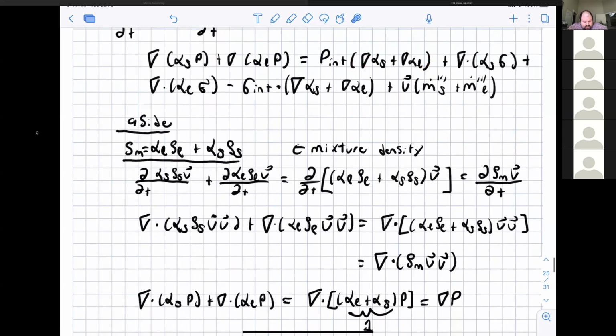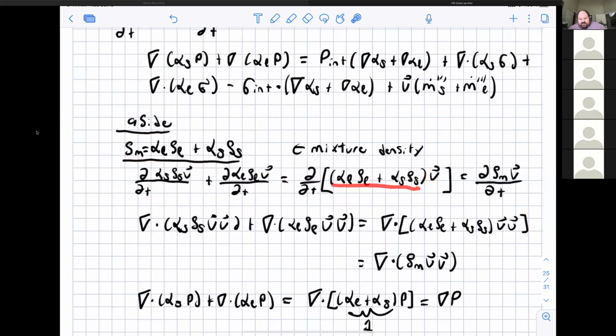Okay, so now using our definition of the mixture density, we can look at these time derivative terms and combine them, because again, there's the same velocity multiplying them. So I can say this is the time derivative of alpha L rho L plus alpha G rho G, times V. I just combined these two time derivatives and factored out the velocity.